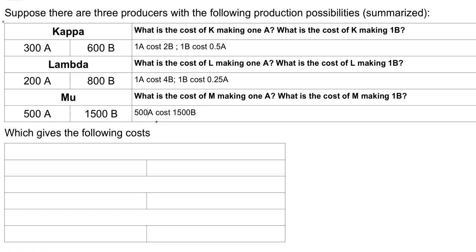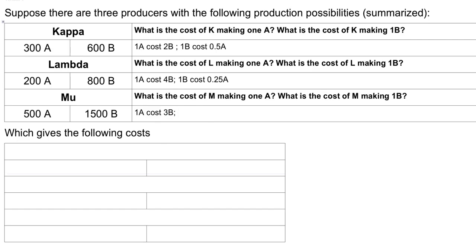And so we divide this by 500 to get the recipe down to size. We divide this by 500 to get the recipe down to the appropriate size. And so 500 divided by 500 is 1A. 1500 divided by 500 is 3 B's. And so the cost of mu making 1A is going to be 3 B's.